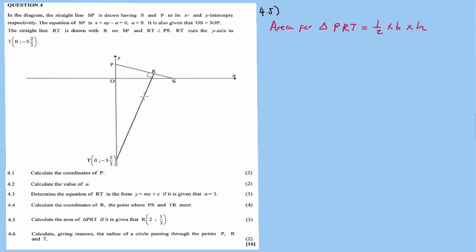So kunezindlela eziyi-2 ongabheka le problem ngayo. The first one, if you assume your height is this one, and then your base as this one, right?